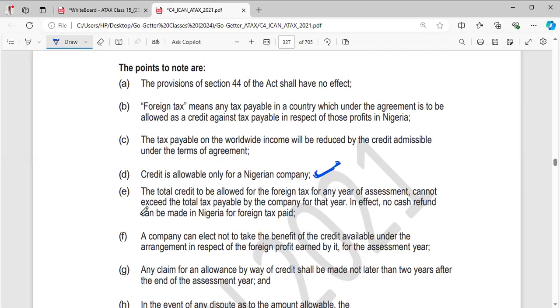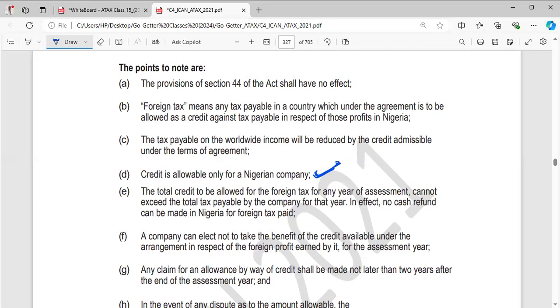But if it's a foreign company here in Nigeria, where there is a double taxation agreement, we are going to charge the full tax. So US can go and decide to give him a relief. We don't know. All right. The total credit to be allowed for the foreign tax for any year of assessment cannot exceed the total payable for the company for that year. So it means that this is another thing you should note.